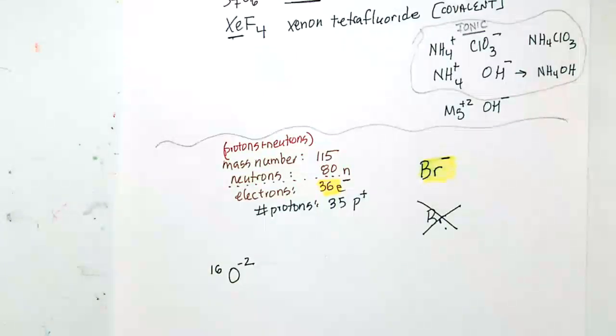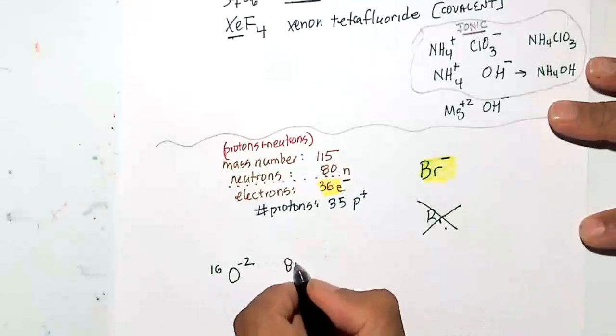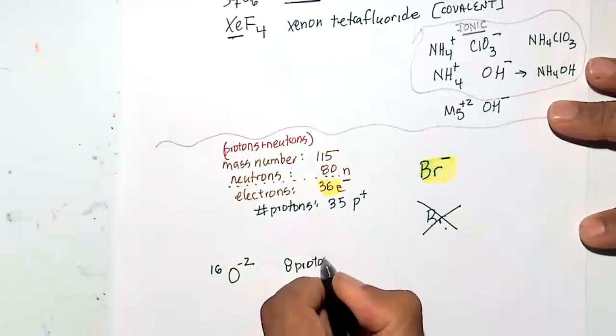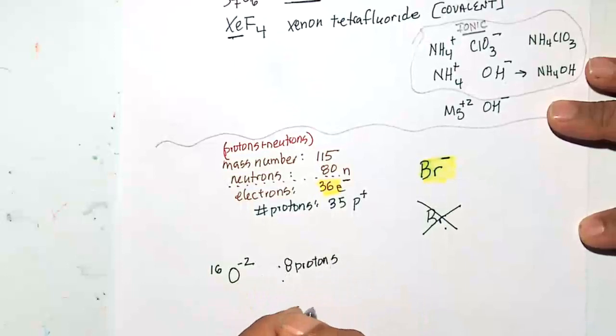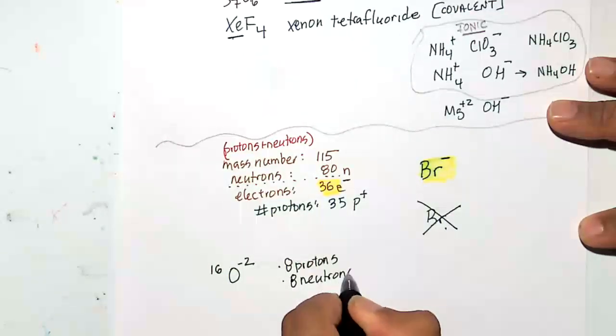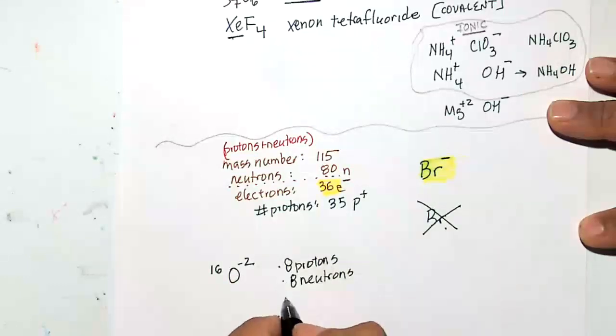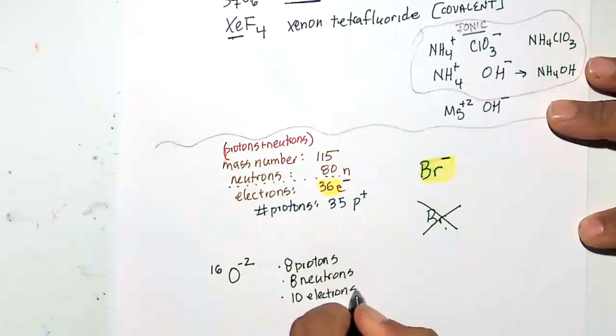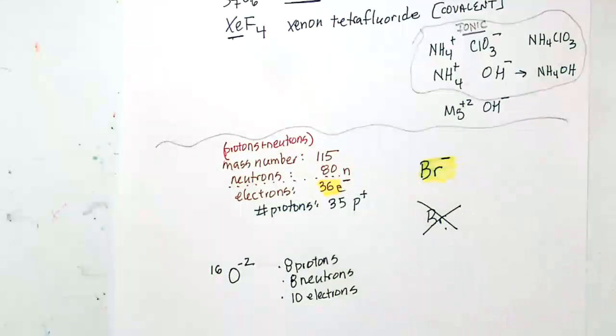Okay, how many protons, neutrons, and electrons? 8 protons. And how many electrons? 10 electrons. 10, okay? Right.